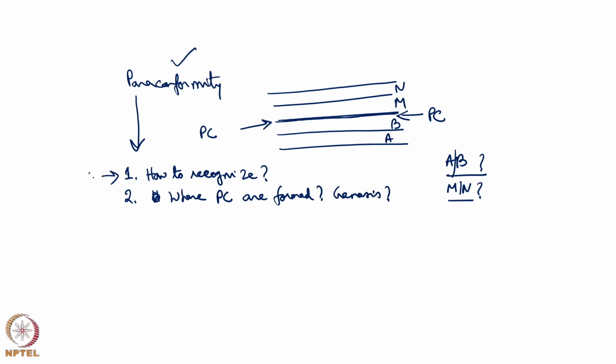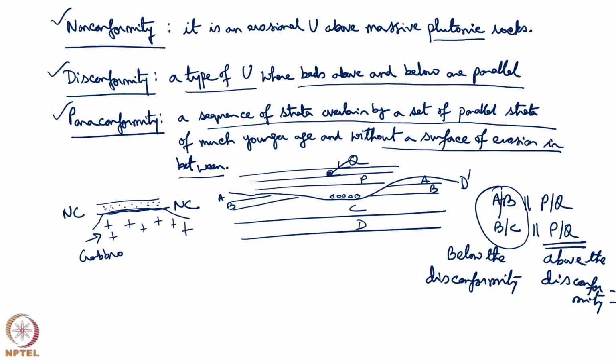Now, this question, how to recognize, becomes very easy in case of a non-conformity, because one can identify a gabbro in the field which is a plutonic rock, coarse grains, and over that sediments are deposited and an erosional surface can also be seen.